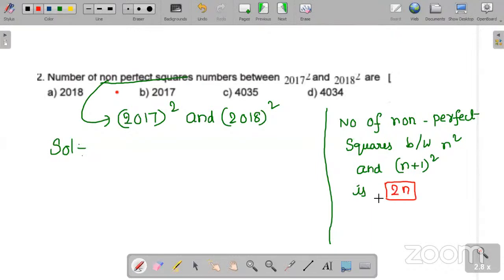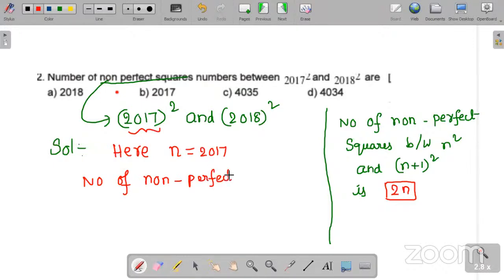This is the formula. That means here n equals 2017. So the number of non-perfect squares equals 2 times 2017. Just multiply 2017 with 2, then you will get the answer.